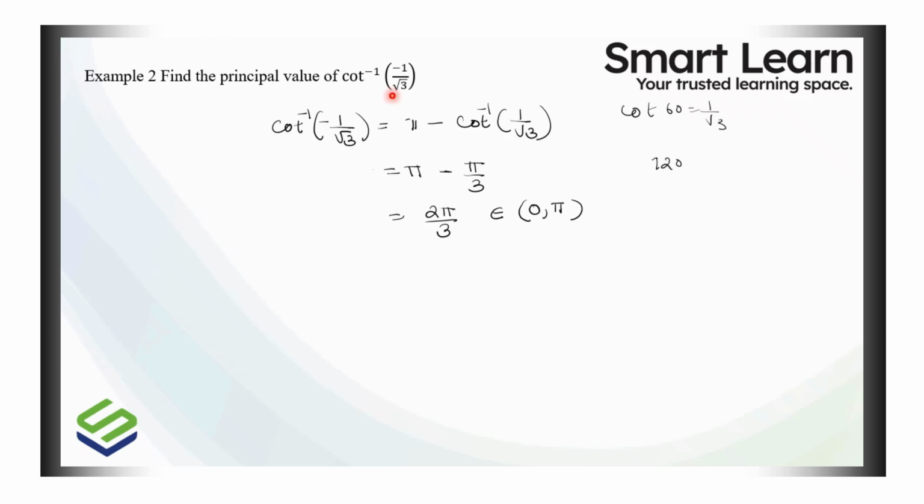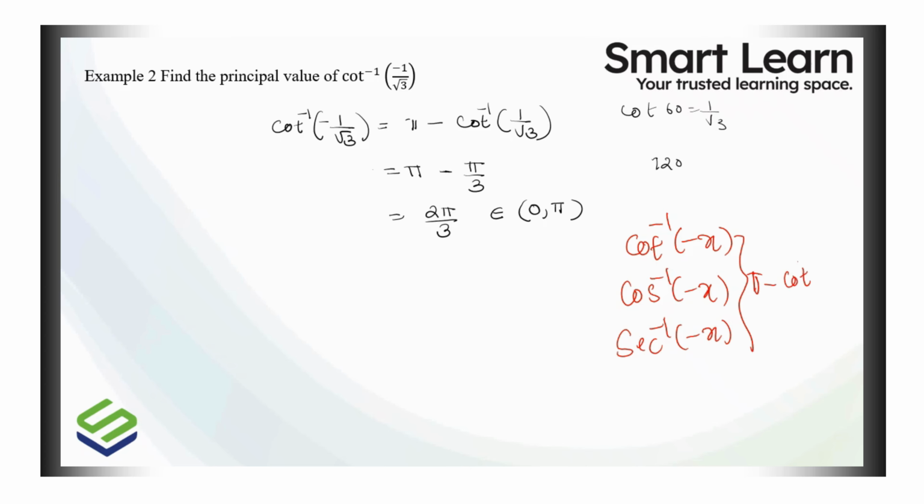Now, cot inverse of minus 1 by root 3. Already you know, if cot inverse of minus x, cos inverse of minus x and sec inverse of minus x are coming, then it will be pi minus cot inverse of x, pi minus cos inverse of x and pi minus sec inverse of x.